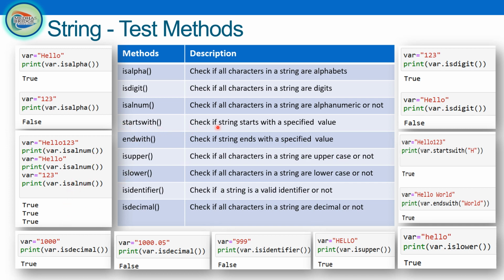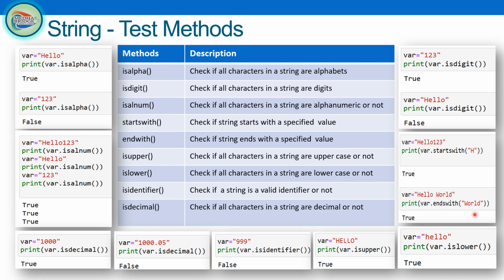startswith checks if the string starts with a specified value. Here is an example. The string starts with the specified value h, so it returns true. Next, endswith checks if the string ends with a specified value.